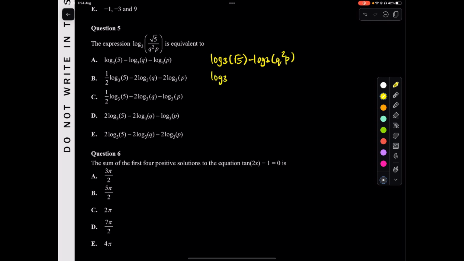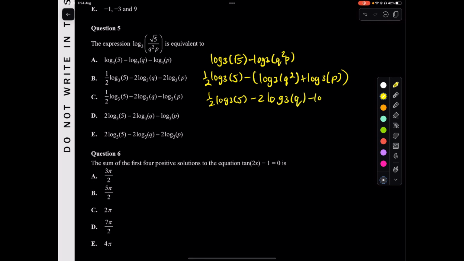If we put a half here, it'll be half log 3 5 minus log 3 q squared plus log 3 p, which is half log 3 5 minus 2 log 3 q minus log 3 p. Which one does that look like? C looks right.